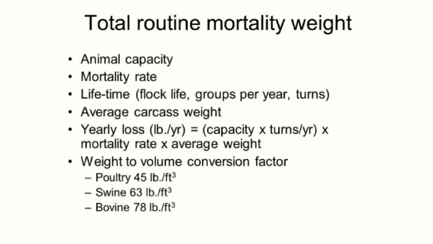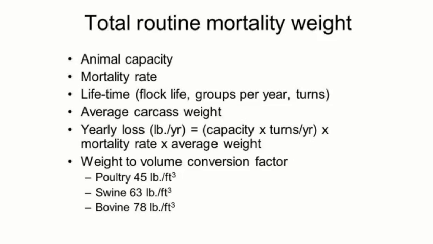We then know that we have a capacity, we know how many, we know what the rate is, but then we need to know how much of the lifetime a flock or a group of animals spends on that farm. Sometimes we refer to that as turns or groups. So with the number of groups, the amount of time they spend, the mortality rate within that group, and the total capacity, we combine that with the last factor, and that is their average weight when they experience that death.